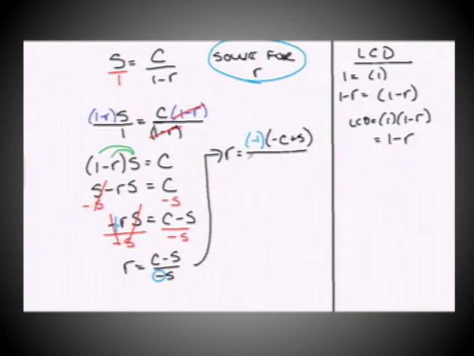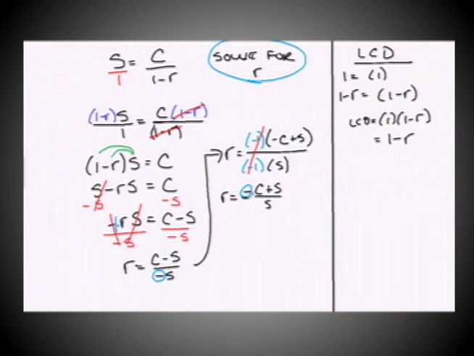And when I factor out the negative 1 from the denominator, I'm left with S. So I'm just going to rewrite, and those divide out to make 1. So now I have negative C plus S over S. Once again, not good form to have a negative leading term there.